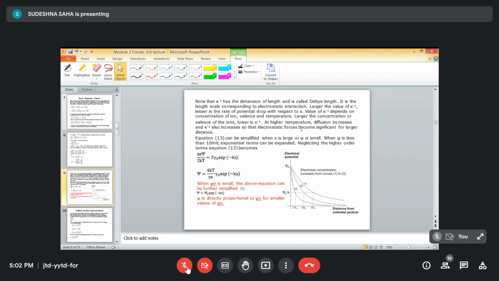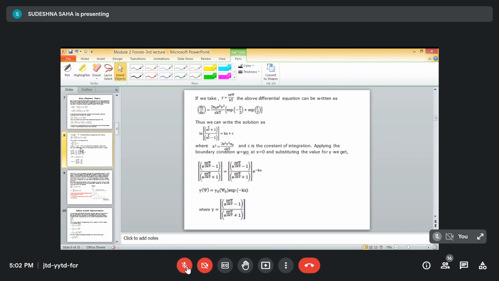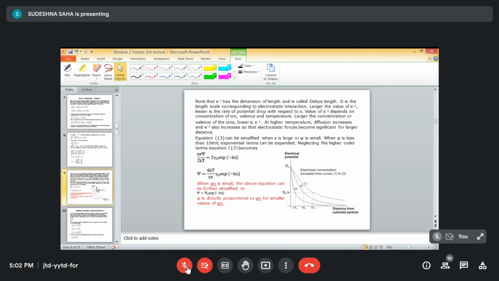Okay, at higher temperature, diffusion increases and k inverse also increases, so that the electrostatic forces become significant for larger distance. And this equation can further be simplified when x is large or psi is small, when psi is less than 10 millivolt, this is very, very important.